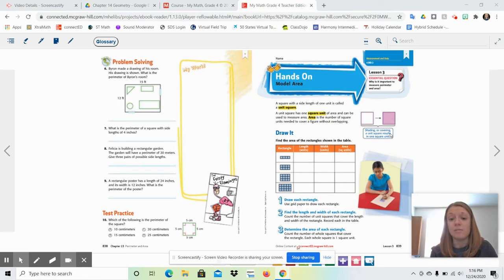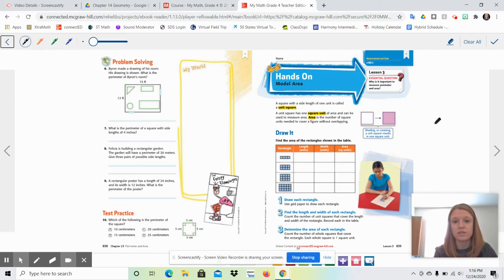We've done things like the area model for multiplying, where we had, let me see if I can draw this out. Is it working? No. Oh, I gotta do it over here. All right, start over.